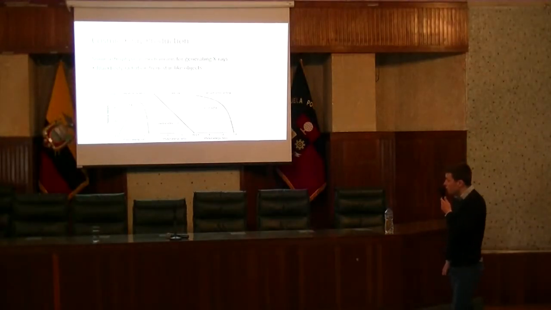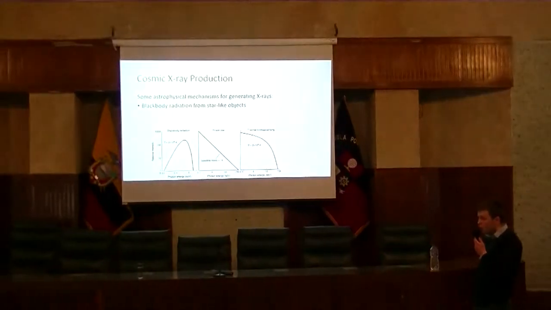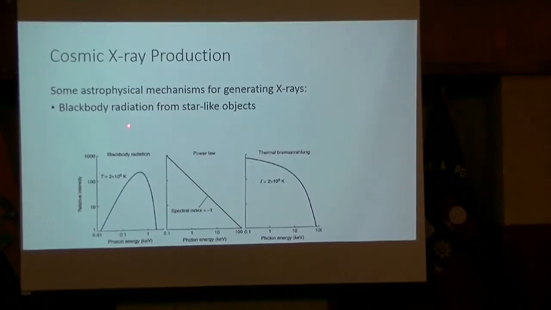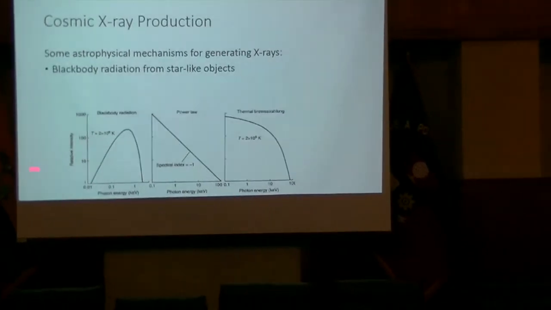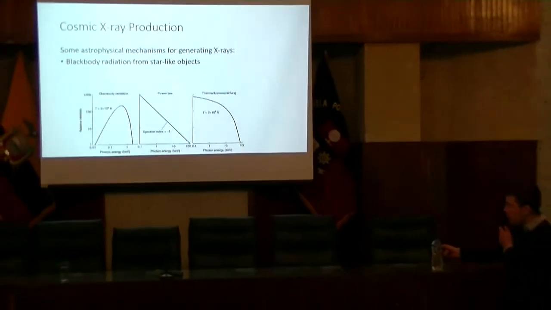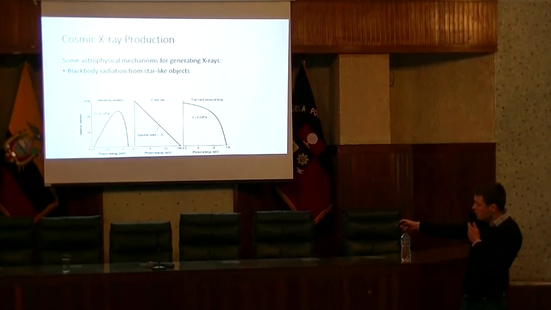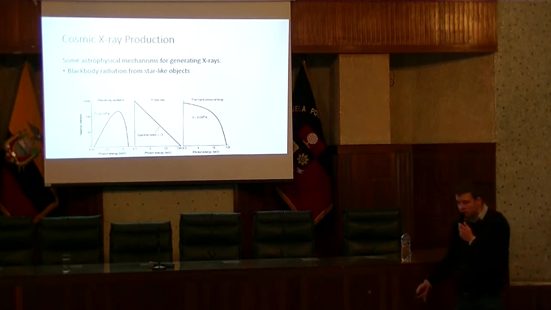Okay, so cosmic X-ray production. How are X-rays produced in space? We have black body radiation from star-like objects. So this is treating a star or a star-like object, it could be a black hole or a neutron star, as a black body, and the spectrum we see from this looks like this. So the spectrum we have on the x-axis, photon energy increasing, and relative intensity increasing.